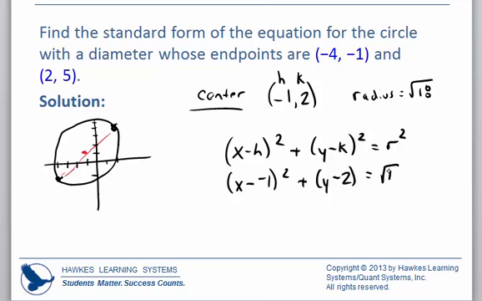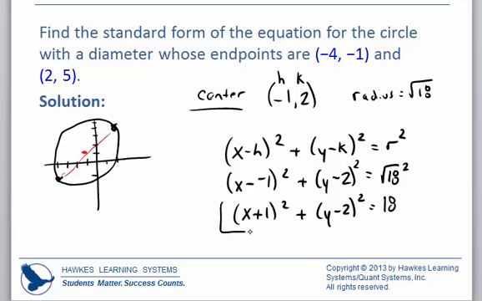And for the r, we'll plug in the square root of 18. And so simplifying, we have (x + 1)² + (y - 2)². And when we take the square root of 18 and square it, we get just 18. And so here is the equation of our circle, whose diameter has the given endpoints.